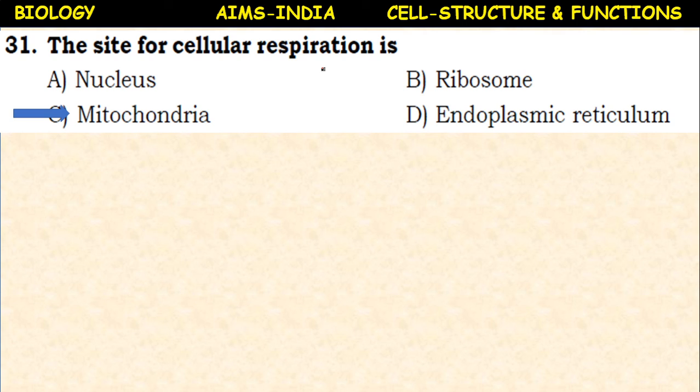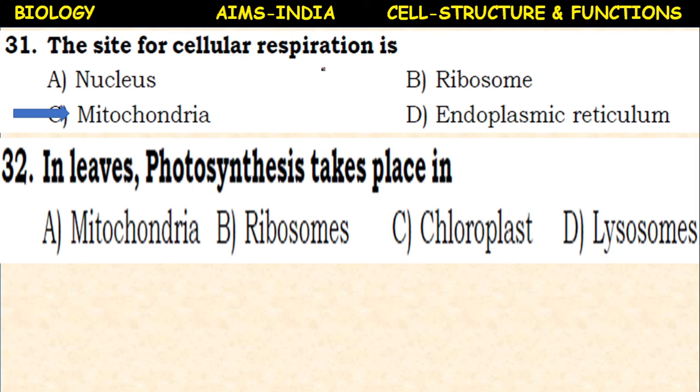But the actual definition, true respiration, is the process during which the oxidation of assimilated food materials to release energy is called respiration. That is cellular respiration, which takes place in the mitochondria. In leaves, photosynthesis takes place in, again, mitochondria, ribosomes, chloroplasts, lysosomes. It is chloroplast where photosynthesis takes place.